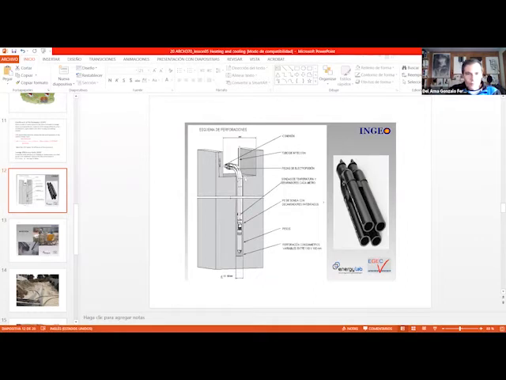Those boreholes need 200 feet, and then we need to insert those pipes here. This is the head of the pipes. As you can see, we have 4 pipes and they are connected here. So we have supply and return, and then we have supply and return. So we have 4 pipes in each borehole.